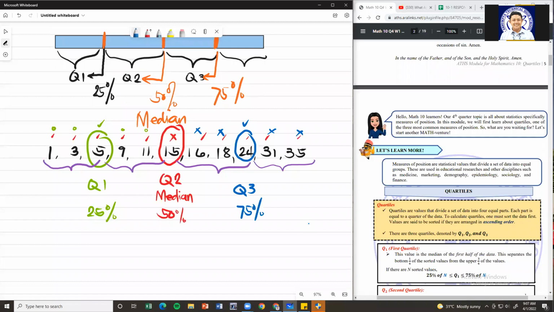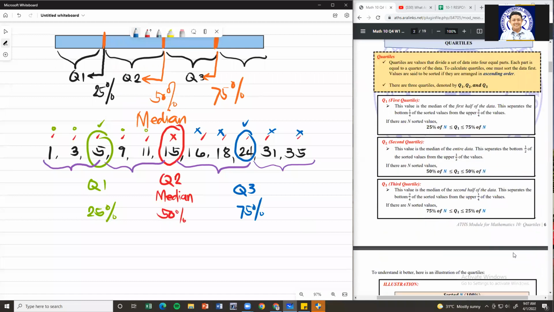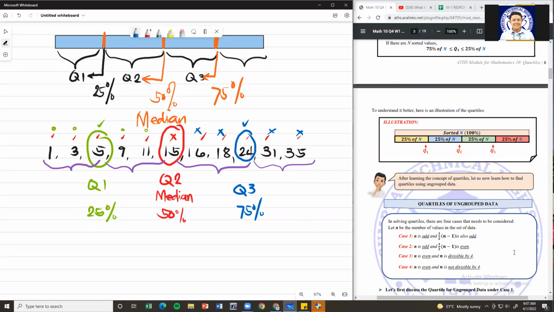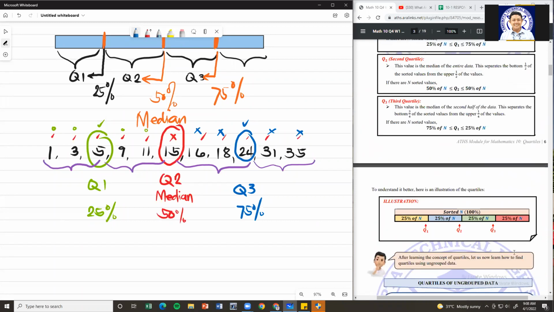And how do we interpret this? Okay, to interpret this, we just have to look at our given.